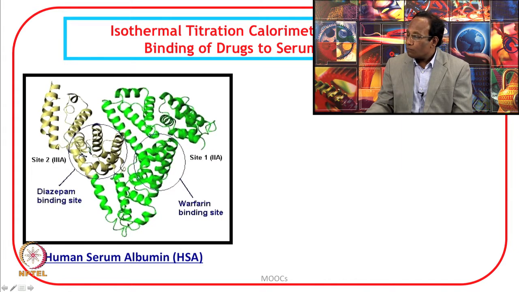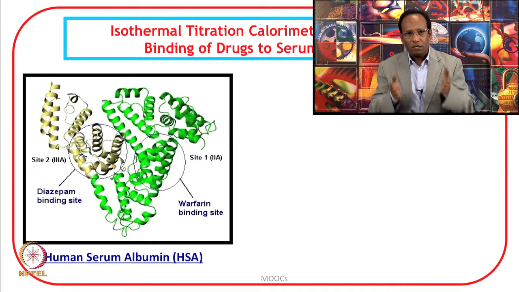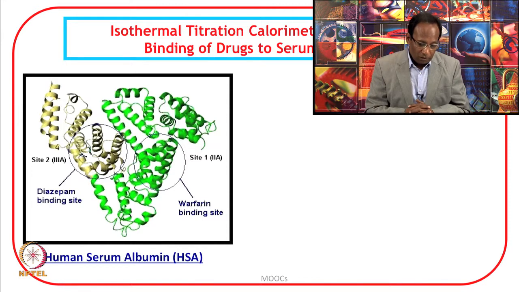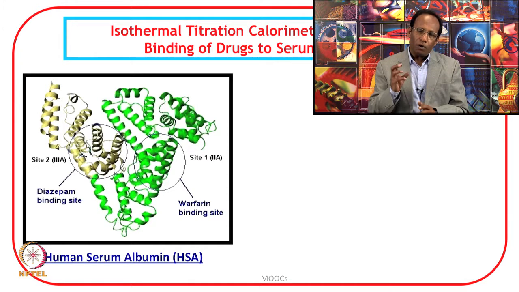Now, in view of the structure of serum albumin, as we just discussed, a variety of molecules can bind to it, and therefore, this is a good drug transport protein in living systems, in a human system. Now, these drugs have to be carried to the specific target sites, and therefore, it is very important to have an optimum binding affinity of a drug with the protein.